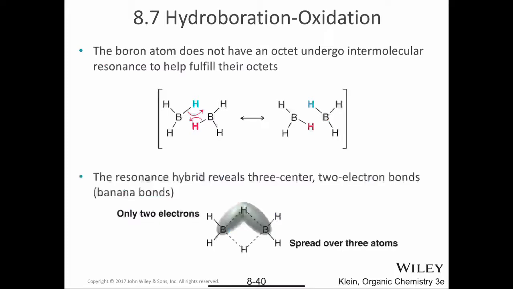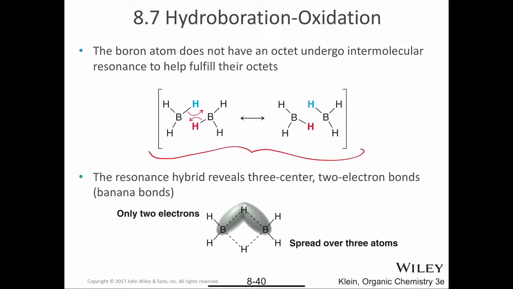In fact, one borane molecule will even react with another borane molecule to form a dimeric structure that's called diborane. This dimer is believed to possess a special type of bonding that is really unlike anything we've ever seen in previous chapters. It can be more easily understood by drawing the following resonance structures that are shown here.